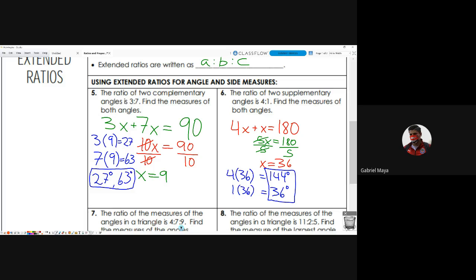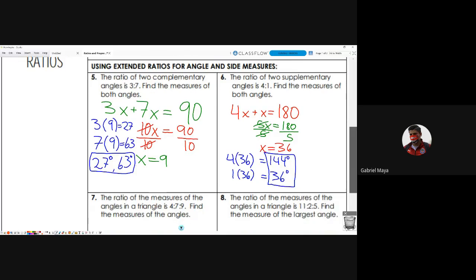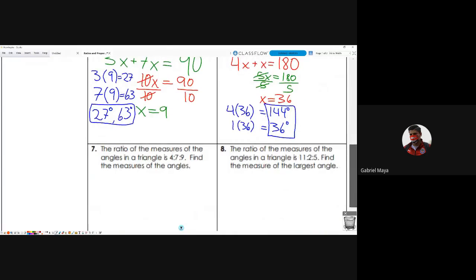And check it out: 144 plus 36 gives us 180. And over here, I forgot to mention, 27 plus 63. Well, type that into your calculator. It gives you 90. This over here gives you 180. All right.